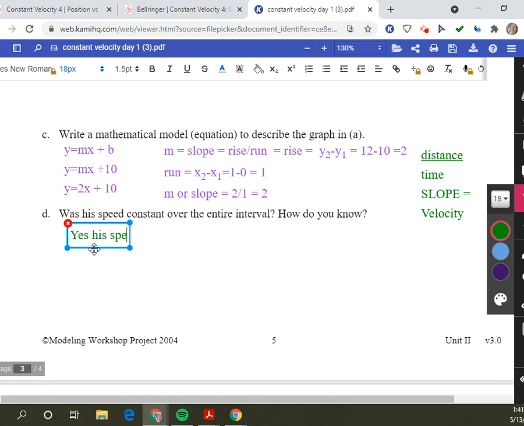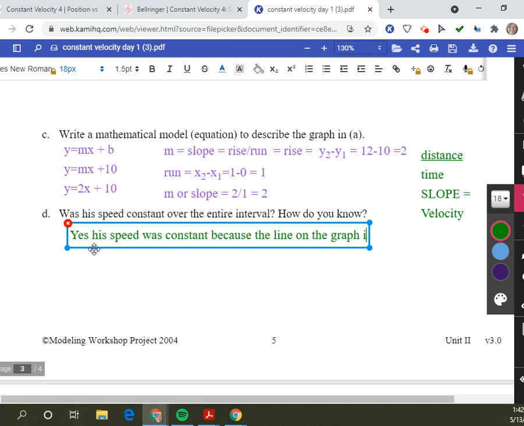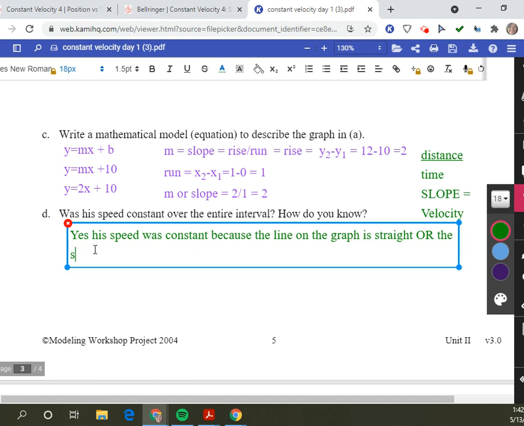Yes, his speed was constant because the line on the graph is straight, or the slope is the same across the entire time.